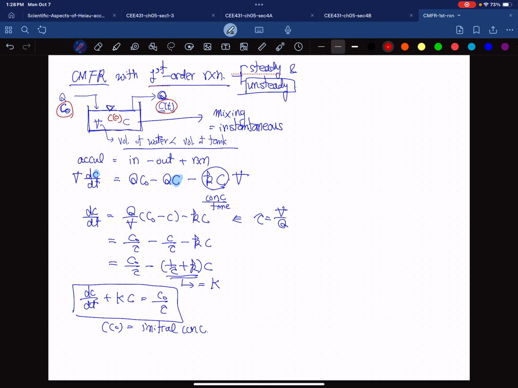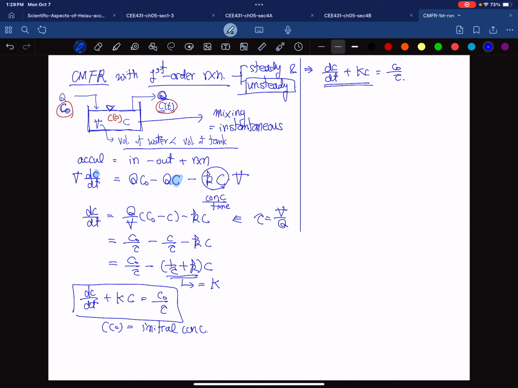Okay, so here the governing equation is dC over dt plus KC equals C naught over tau.